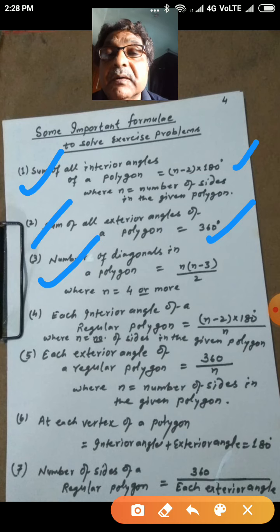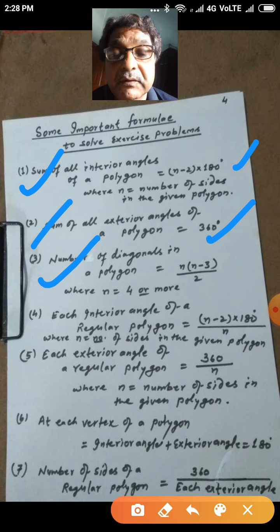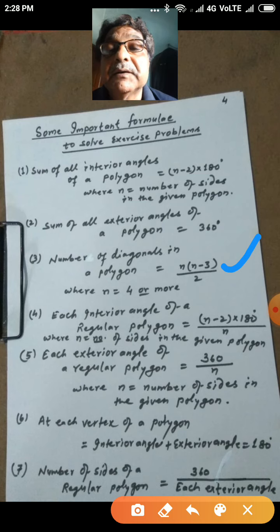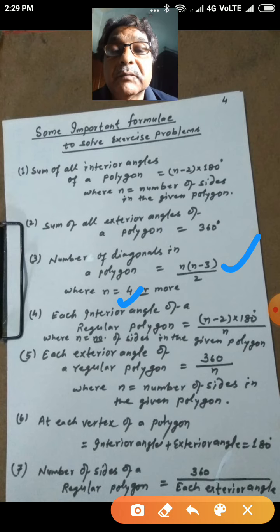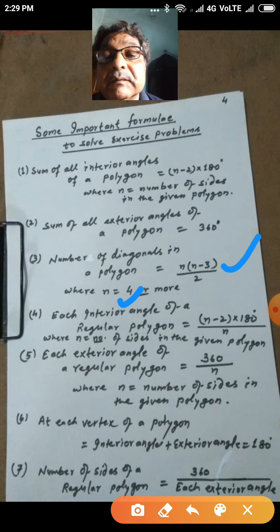With the help of this formula we can find the number of diagonals present in a polygon, which is equal to n into (n minus 3) by 2, where n is the number of sides. Naturally, n will be 4 or more, because if you put n equal to 3 for a triangle, you will get the number of diagonals as 0. That is why we have written that n is 4 or more in this formula.